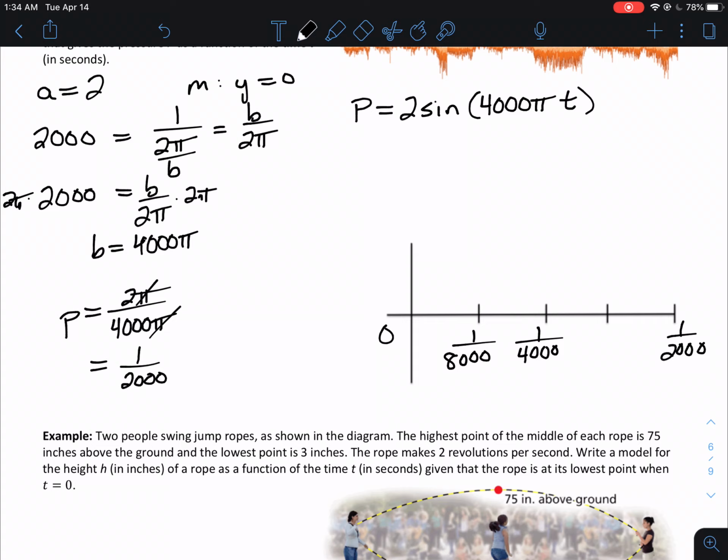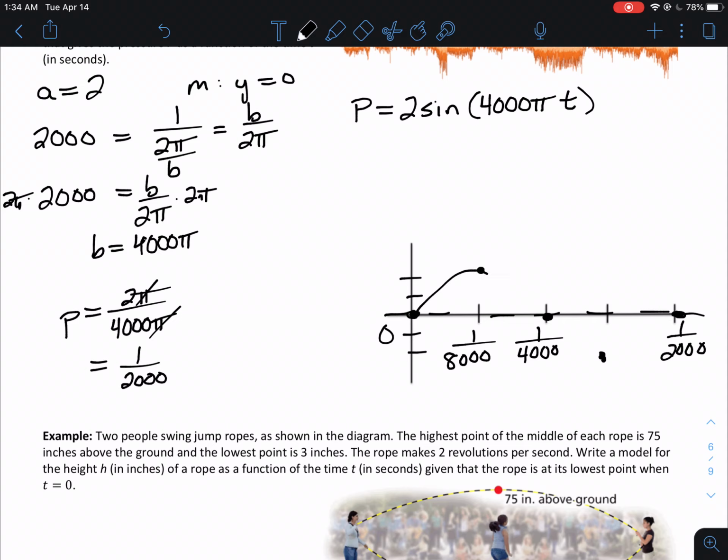And so on. Our amplitude was 2, so we'll go up by 2, and then down by 2. The midline was at 0, so if you want to fill that in like an asymptote, there you go. And then for sine, we've got our first point on our x-axis, up by an amplitude, back down by an amplitude, down by another amplitude, and back up.